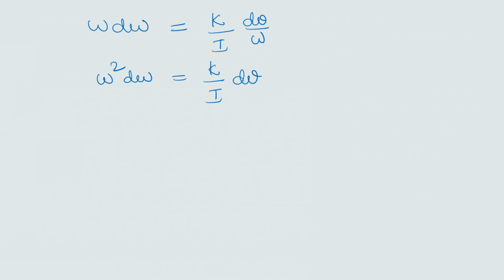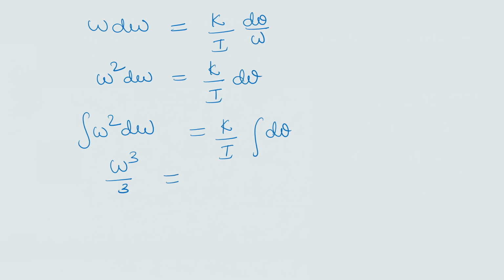Now integrating omega square d omega is equal to k by I, a constant, times the integration of d theta. Omega cube by 3 is equal to k by I into theta, which is nothing but 2 pi n.